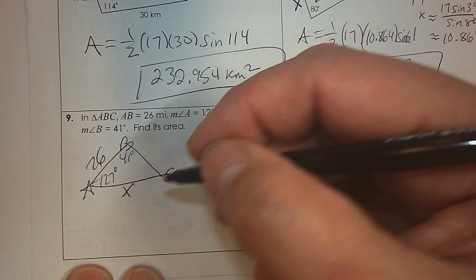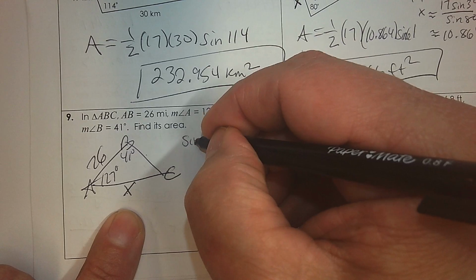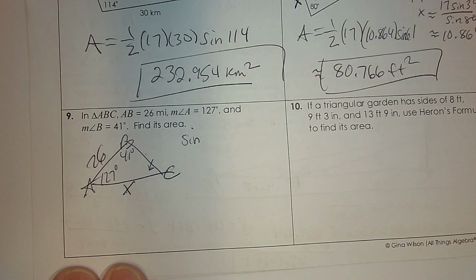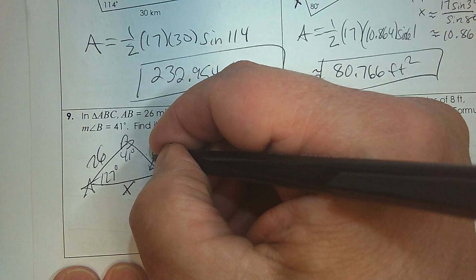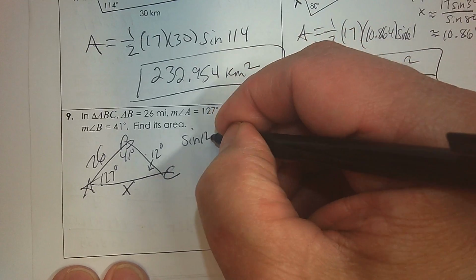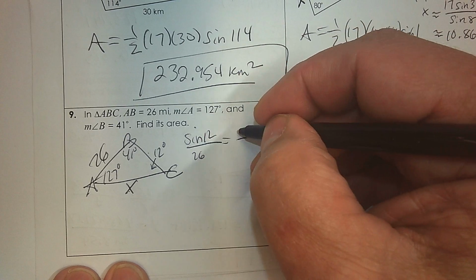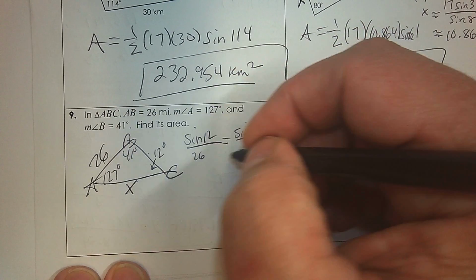To find that side, I'm going to go sine, and I need to know that angle in order to do it. So let's go 180, take away 127, take away 41. That's 12. So sine 12 over 26, and then sine 41 over x.